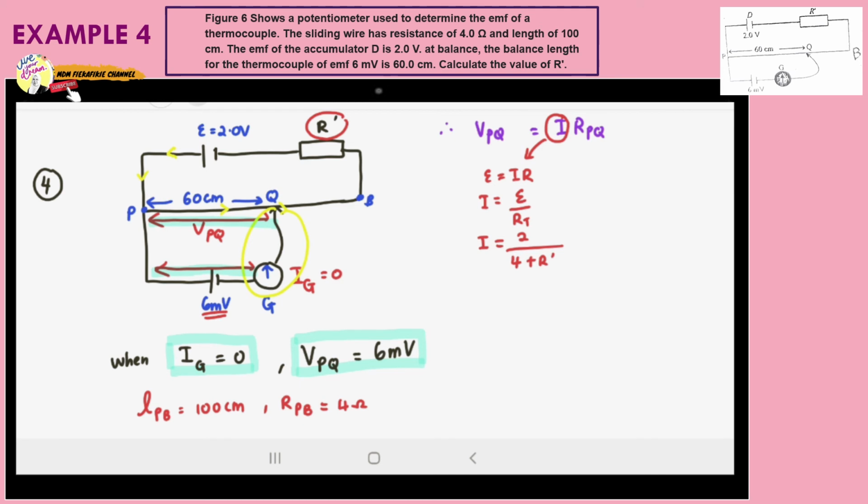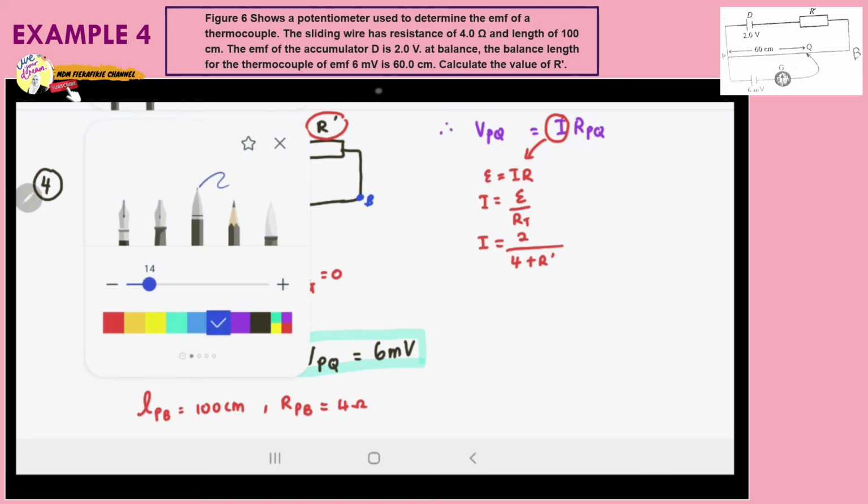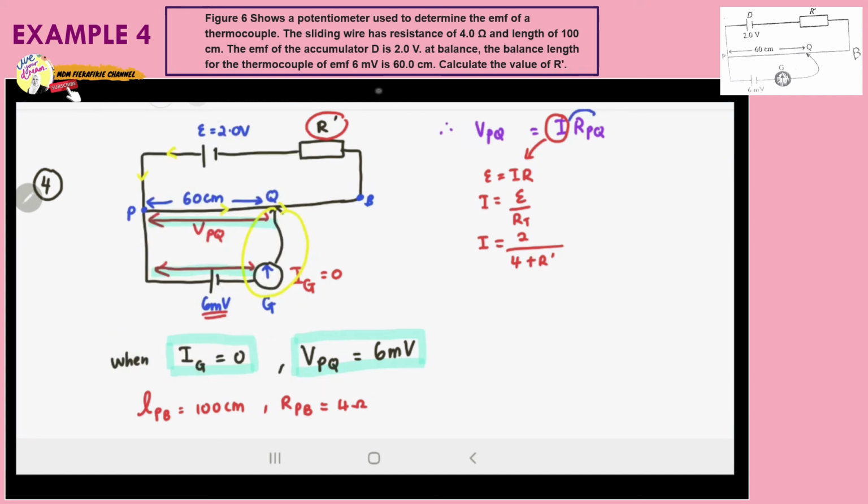Now let's proceed to another one. We want to solve for the resistance of RPQ, so let's do the ratio method.